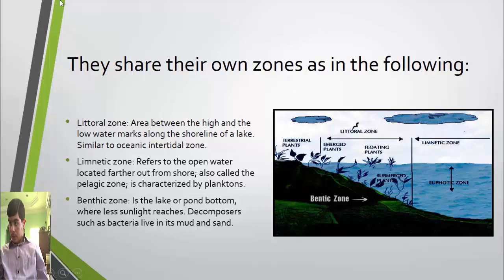So the littoral zone has plants, but limnetic and euphotic don't. In the benthic zone there are no plants, but there are bacteria, which are decomposers. They live under the plants here. It looks like under the ground, but here under the water, way under, on the land.